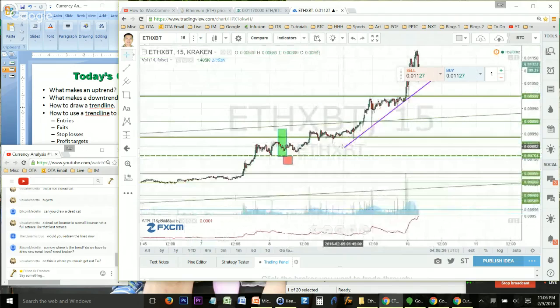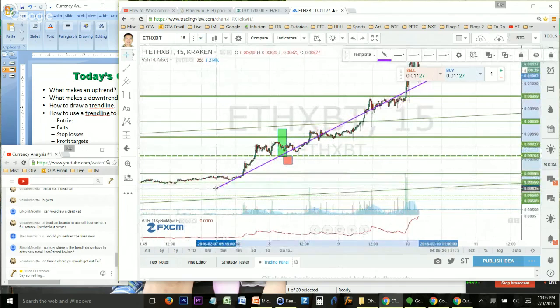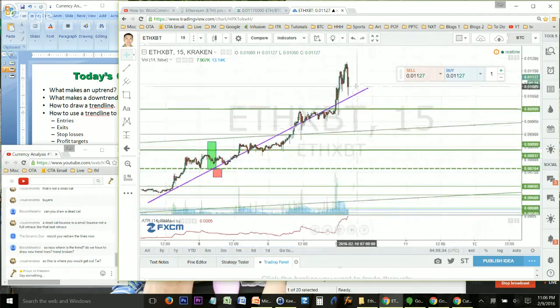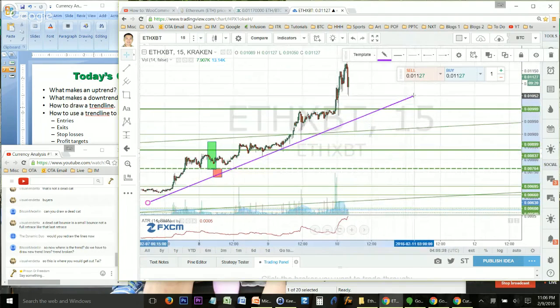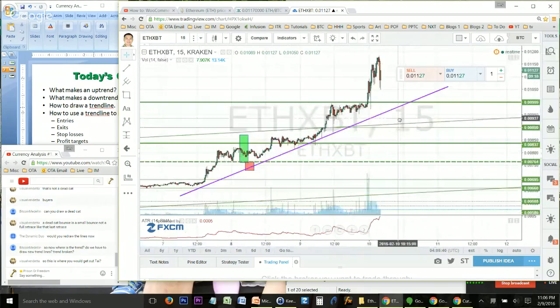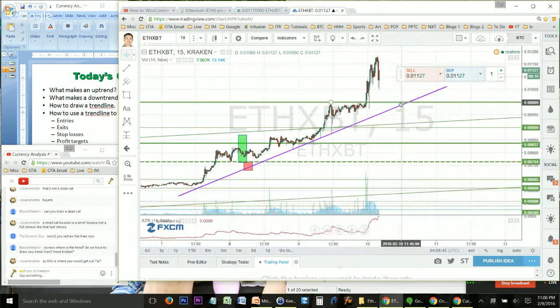So the higher the time frame, the more likely that the trend will hold. More than likely it will hold when it comes down to here, okay?